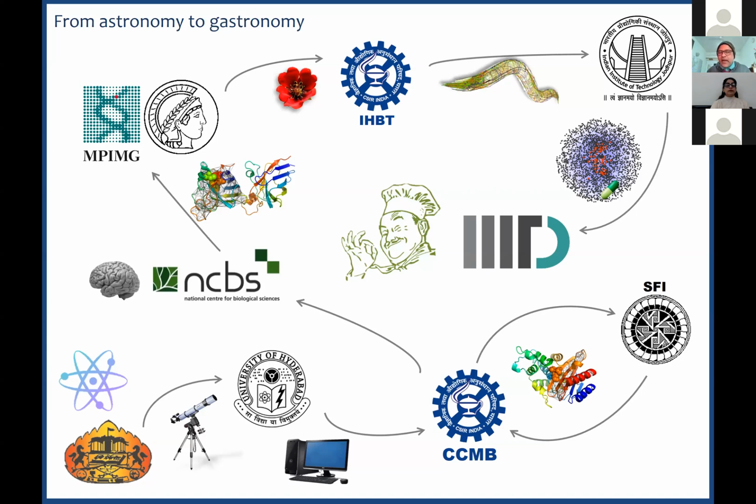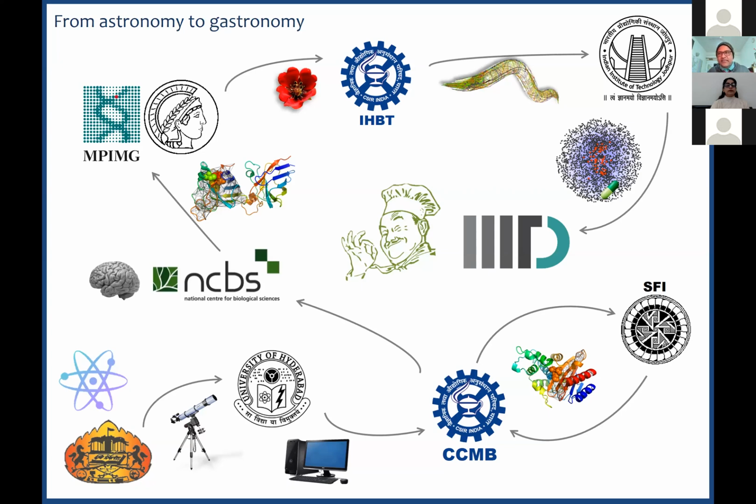So after my PhD, I worked at NCBS, National Center for Biological Sciences, and Max Planck Institute of Molecular Genetics, where I did my postdocs in the area of computational neuroscience and structural bioinformatics, wherein I spent a year at Berlin before returning to India, and have worked at a couple of institutions in India, including at IIT Jodhpur before coming to IIIT Delhi.